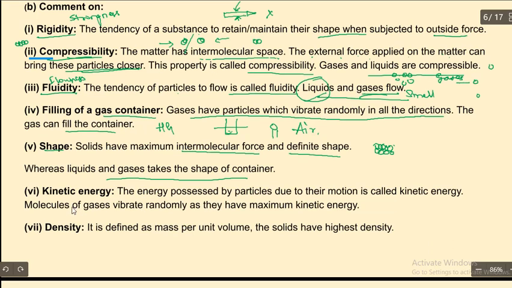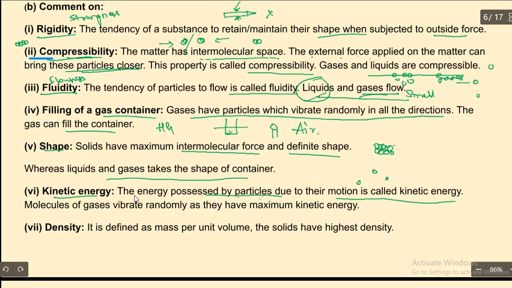Kinetic energy. The energy possessed by particles due to their motion is called what? Kinetic energy. That means the particles have some energy, so that they are going to have movement. As I said, particles are going to move, right? Why are they moving?